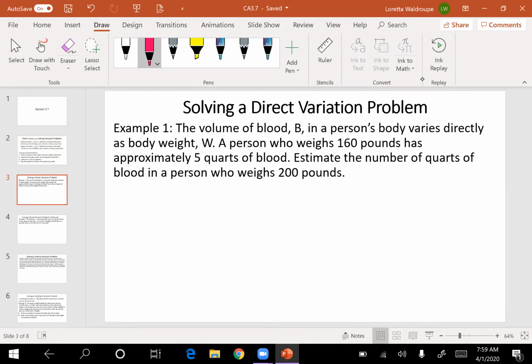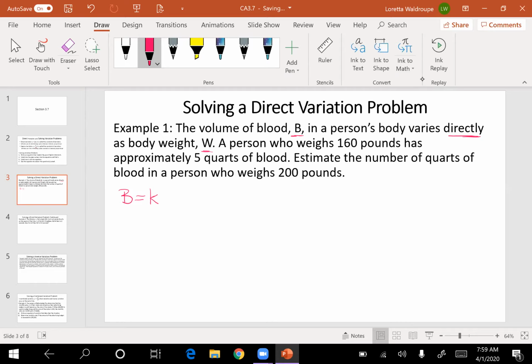Let's look at an example here. The volume of blood B in a person's body varies directly as body weight W. Okay, let's stop there. B varies means I put equals K automatically.